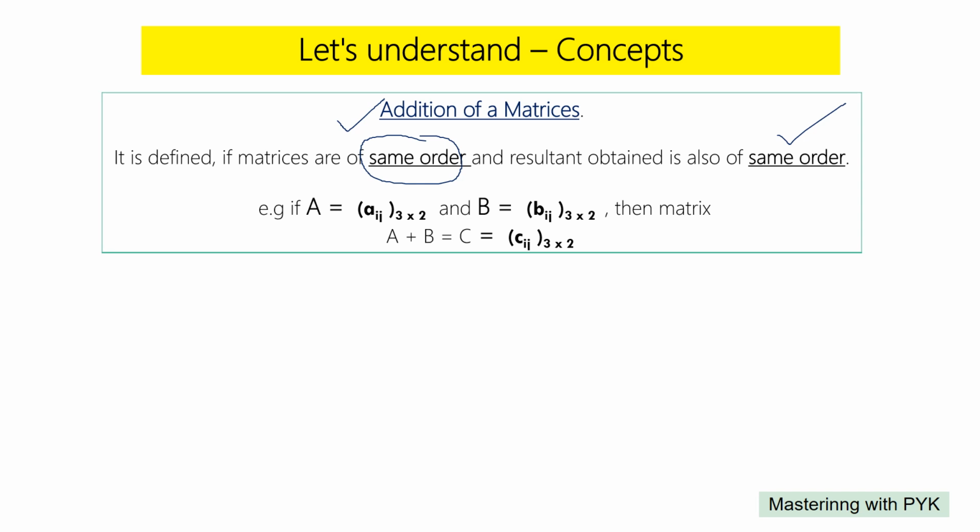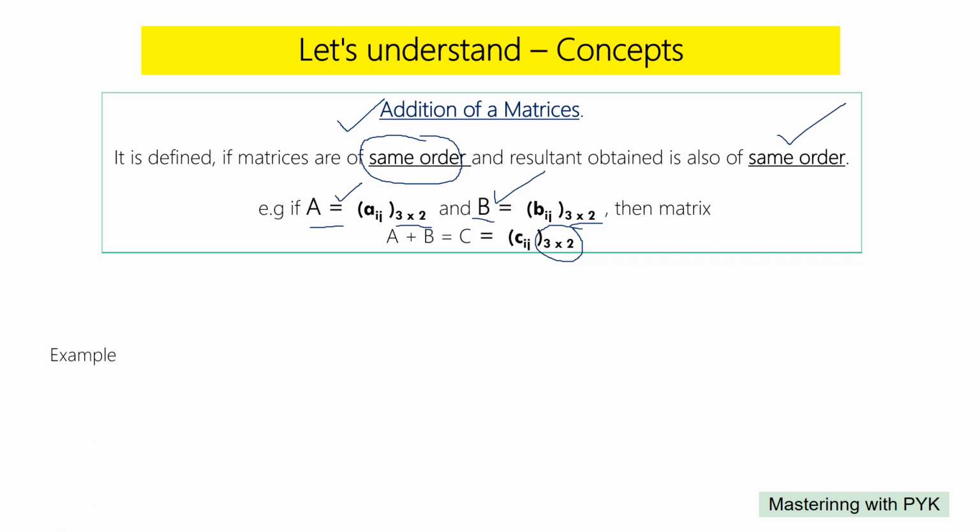Example, if Aij with different elements of order 3 cross 2 is to be added with Bij as elements of order 3 cross 2, the addition here is defined. And A plus B matrix would be equal to C, which will be Cij with the order 3 by 2.